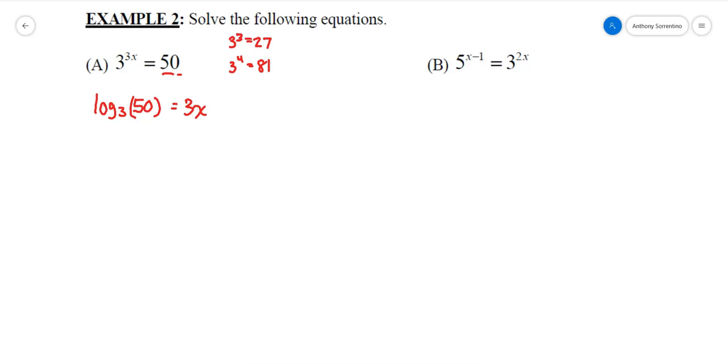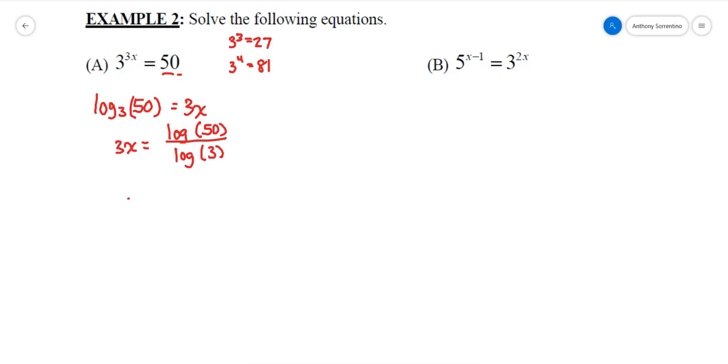However, if you don't have access to that or know how to get to that point on your calculator, or if your calculator doesn't even have it, to go further with this, I'd probably have to use the change of base formula to say, okay, that's going to be log base 10 of 50 over log base 10 of 3.